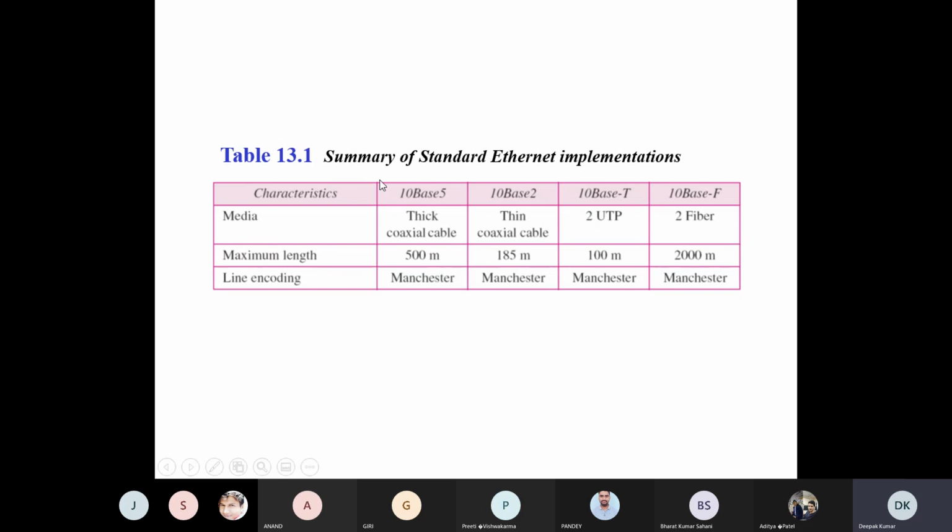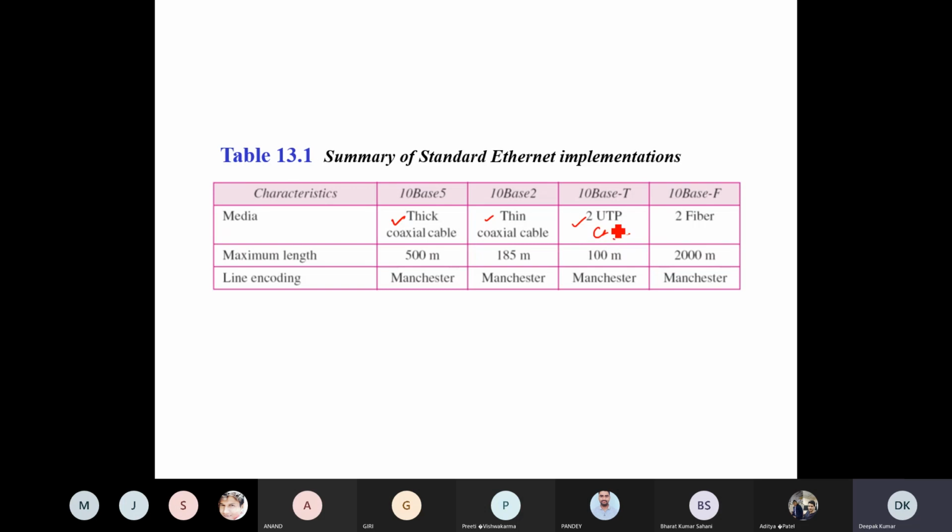Basically, there were four types of implementation that we discussed. 10Base5 is a thick coaxial cable. The other was 10Base2, a thin coaxial cable. 10Base-T is an unshielded twisted pair cable.